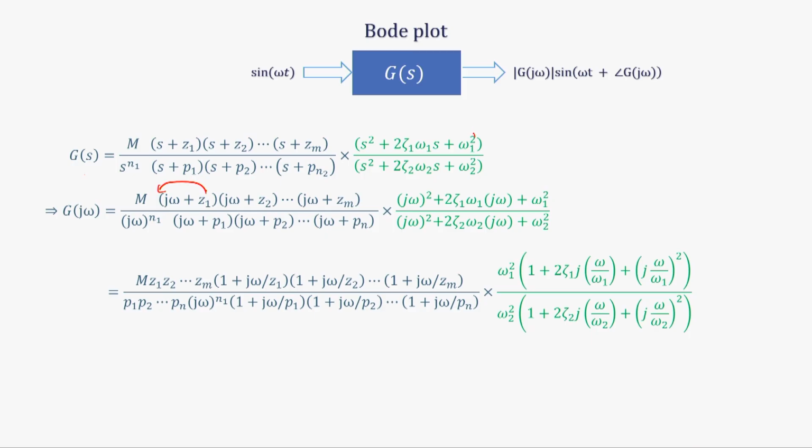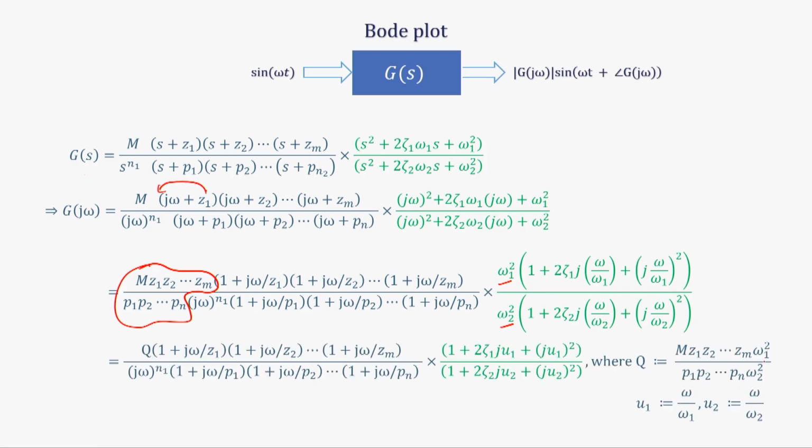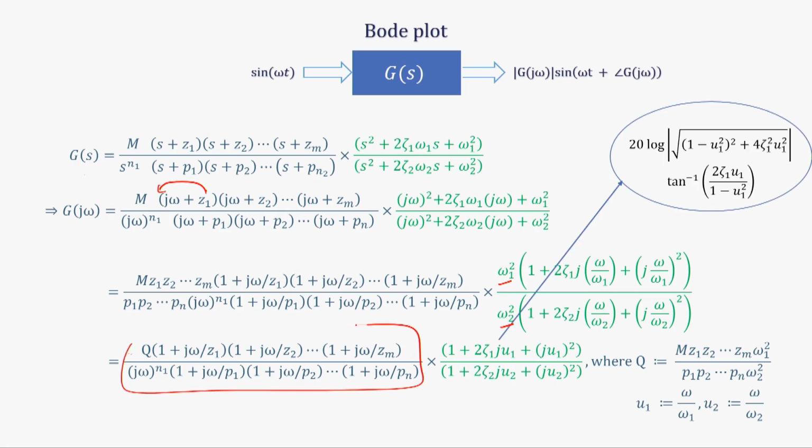Now, when I take out omega 1 square, this is the term that you get, and these two terms, this entire term, are all constants. Again I can take out all the constants together and define q as this. Okay. Then what I am left with is this expression. This is a similar looking expression to what I have just talked about, and the green part you can see is this.